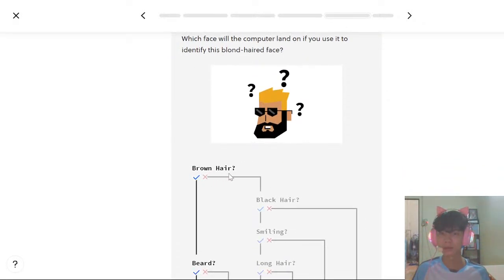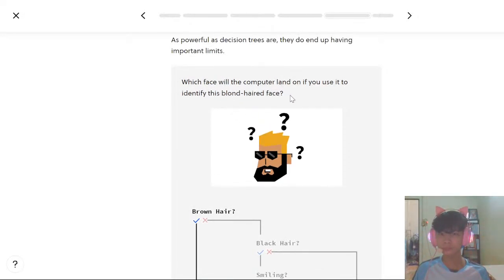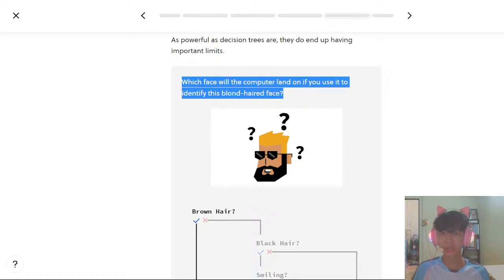Brown hair. Oh my god, I don't understand anything.